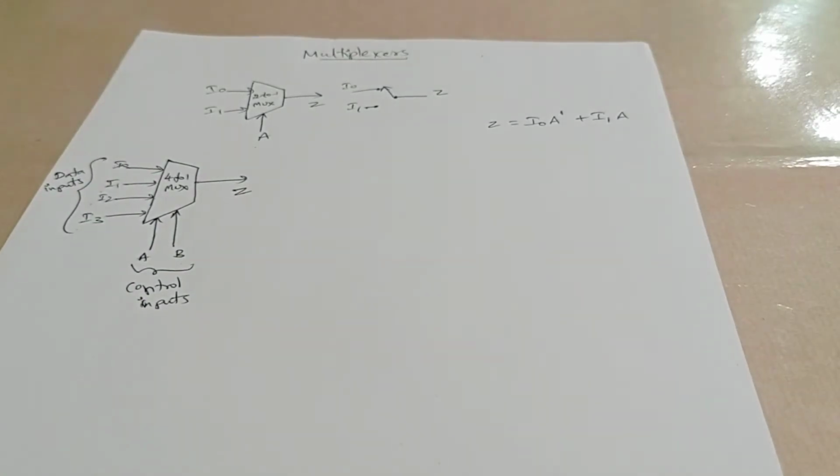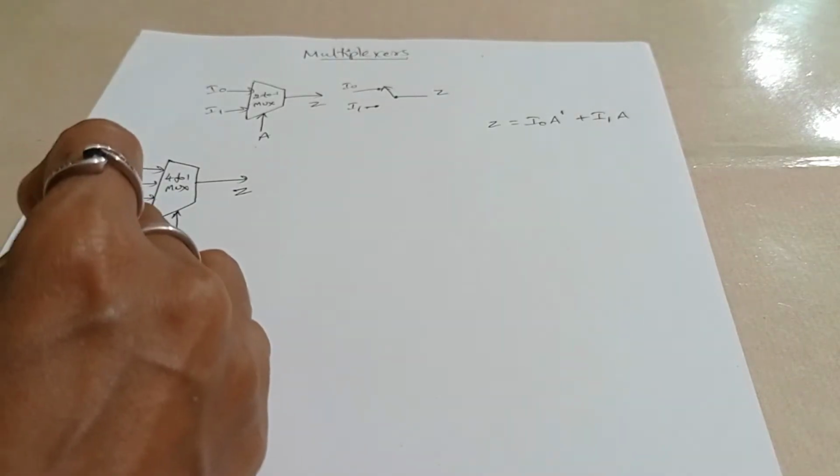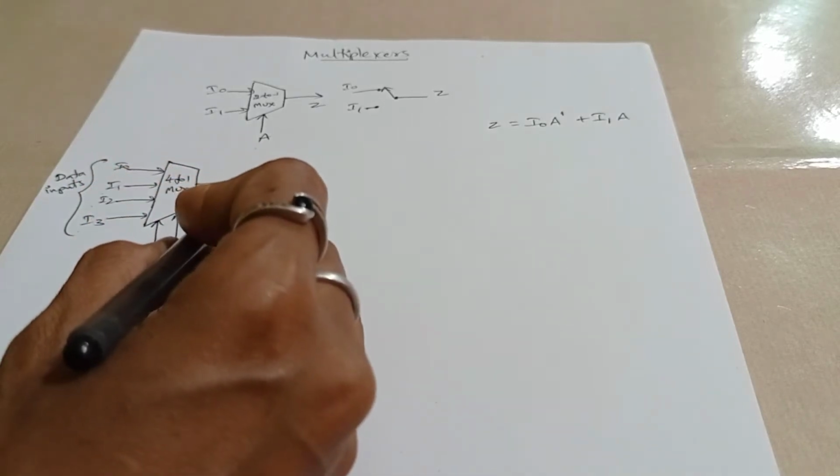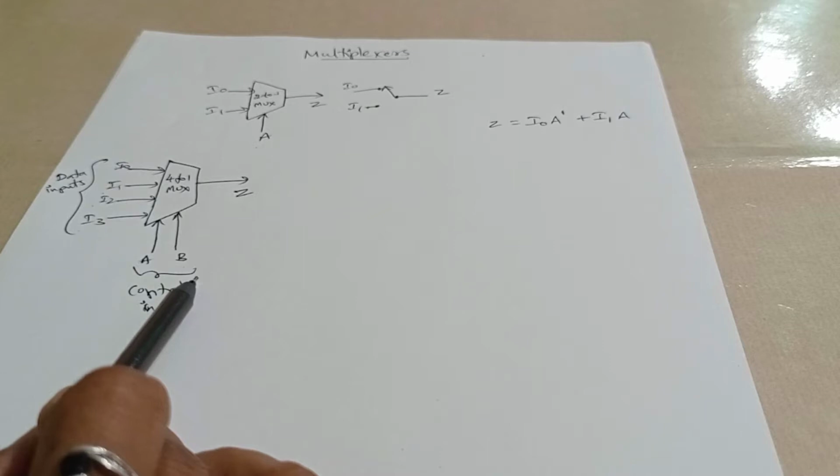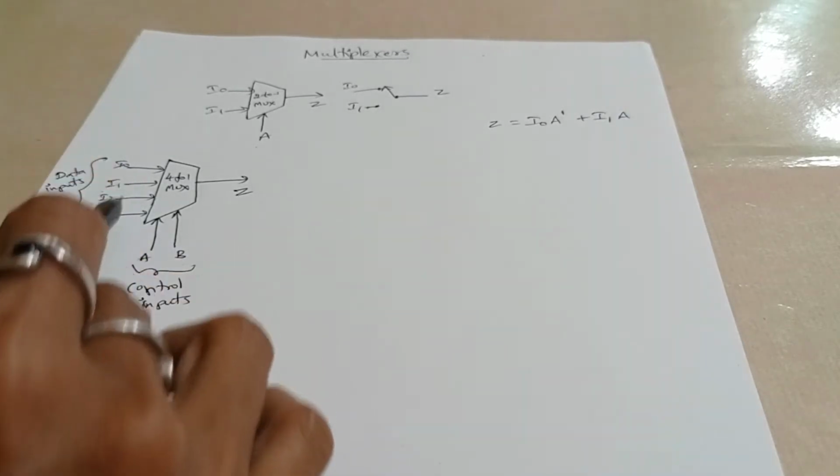This 4:1 multiplexer acts like a 4-position switch that transmits one of the inputs to the output. Two control inputs A, B are needed to select one of the 4 inputs.